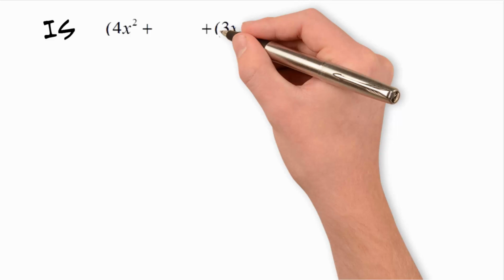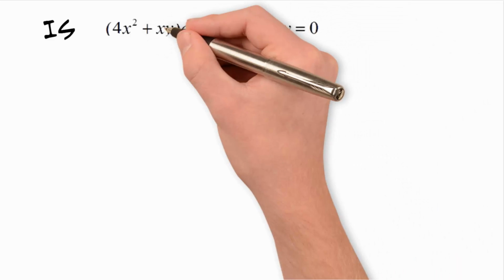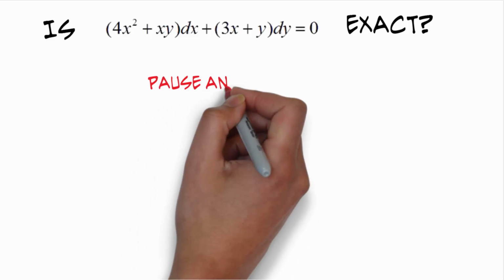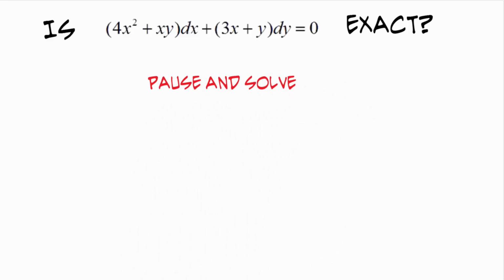Now for examples. Example 1. Is (4x squared plus x times y) dx plus 3 times (x plus y) dy equals 0 exact? Remember to hit pause and calculate.